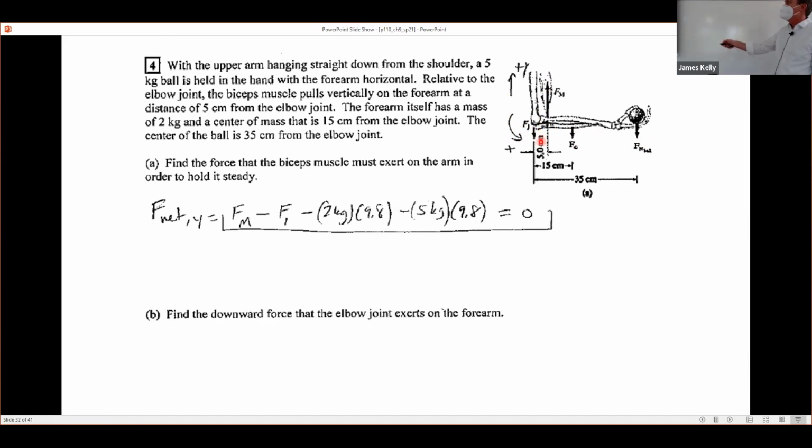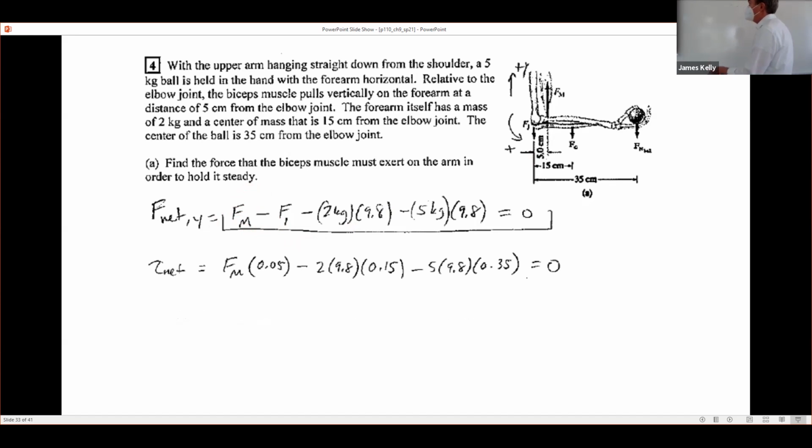If I get a positive value for Fj, the joint force, then we'll know we guessed correctly. Okay, so 3 of them are negative, and only the muscle force, the biceps force, is positive in that case. Unfortunately, it's got 2 unknowns in it, so I'm just going to underline it, and hopefully I can get another equation from the net torque equals 0.